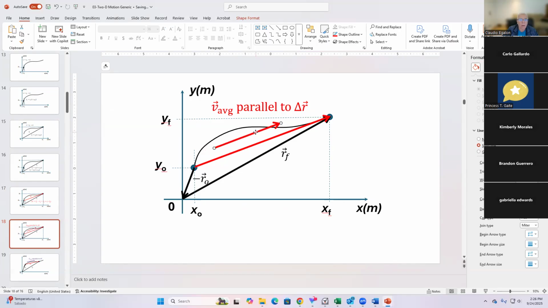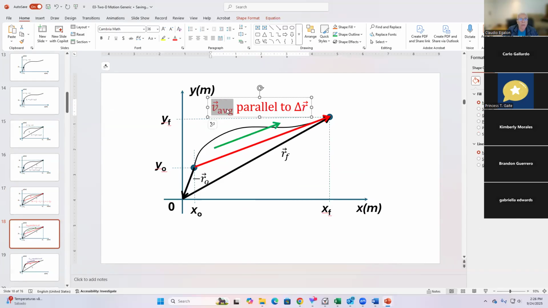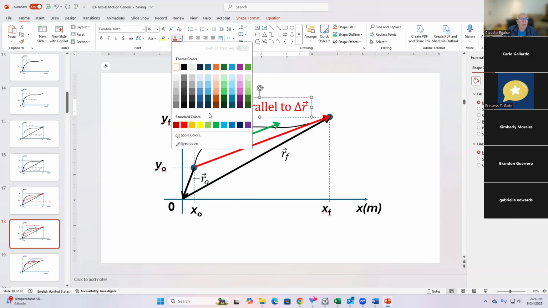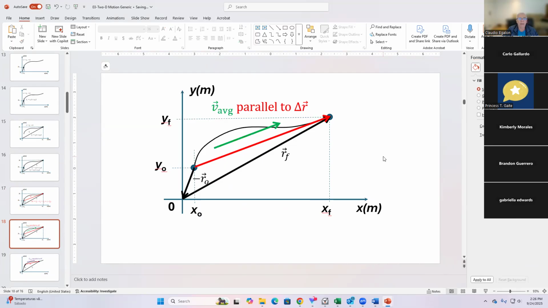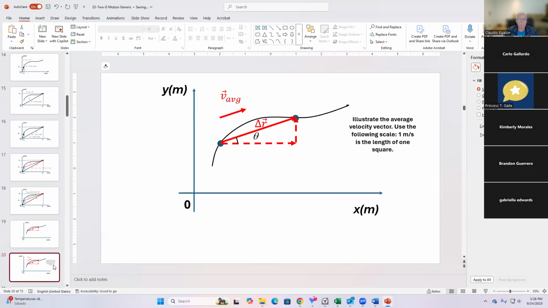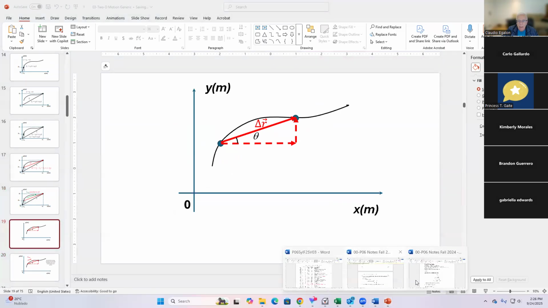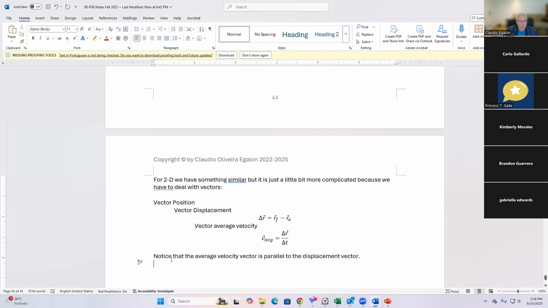I'm going to put the average velocity vector in green color as well. We do not need that anymore, and then we can now go to the next step.